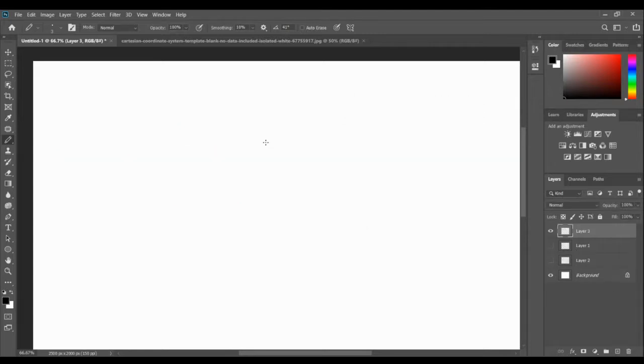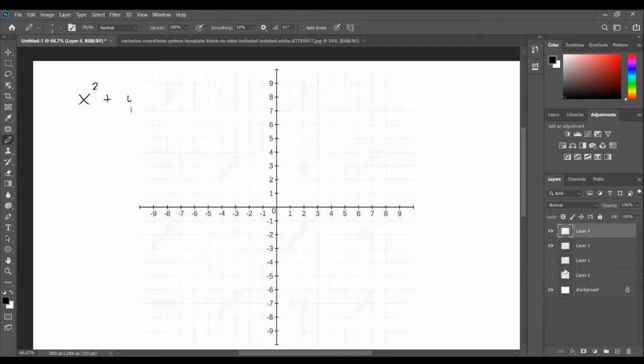So if I had, say, this equation, x squared plus y squared equals 25, and I needed to graph that, I think I can bring another one of these up.